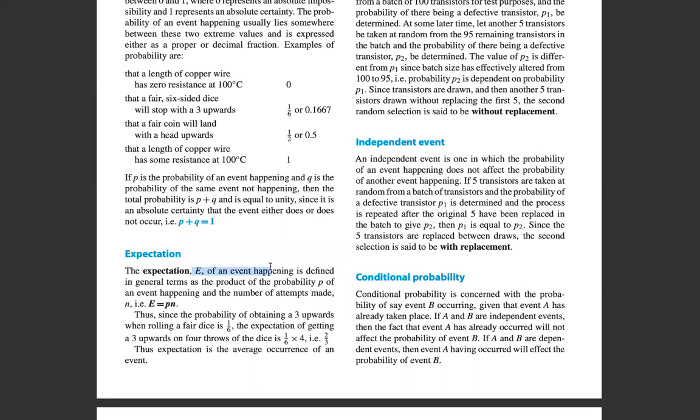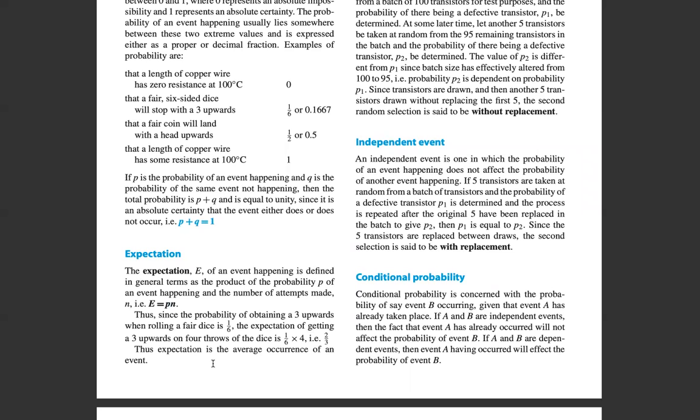Expectation: the expected number of times an event happens in a number of attempts is the probability of success in one attempt multiplied by the number of attempts. I'll give you an example here. A lot of the examples we're going to use involve a die or a pair or more dice, or maybe cards, like a standard pack of 52 playing cards.